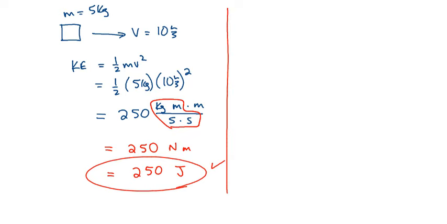Here's another one we could do. Let's take the same box, and I'd like to find the velocity if the kinetic energy is equal to 400 joules. We saw that 10 meters per second made it have an energy of 250 joules. If I had more energy, it'd have to be moving faster, right?